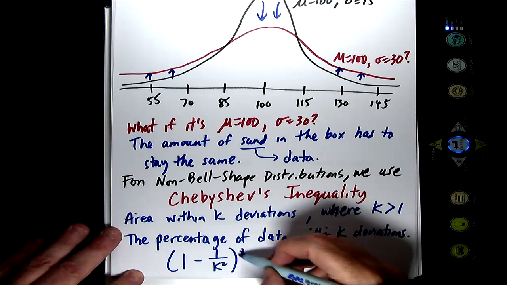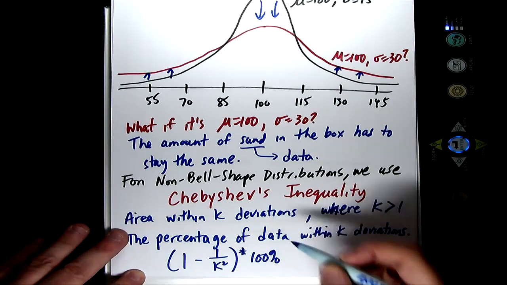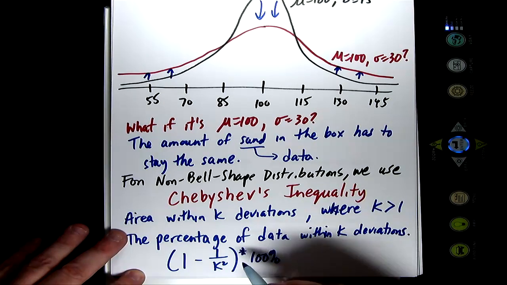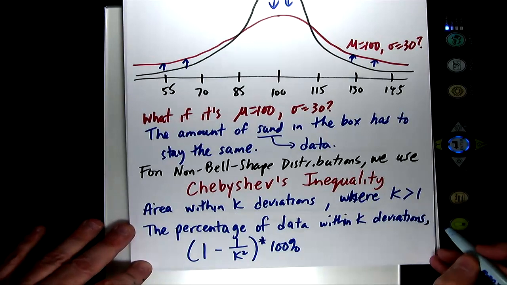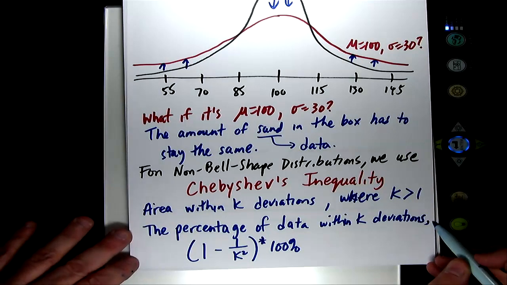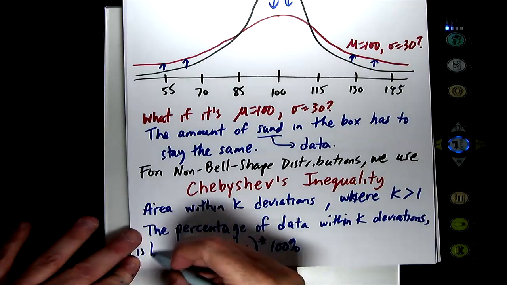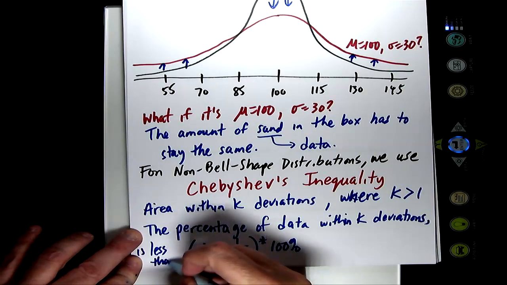Then we multiply by 100% to make it a percent. So the percentage of data within K deviations is at least this. That's what I was missing.